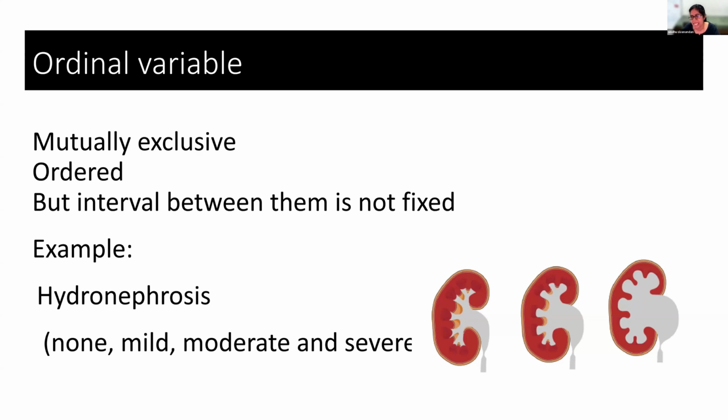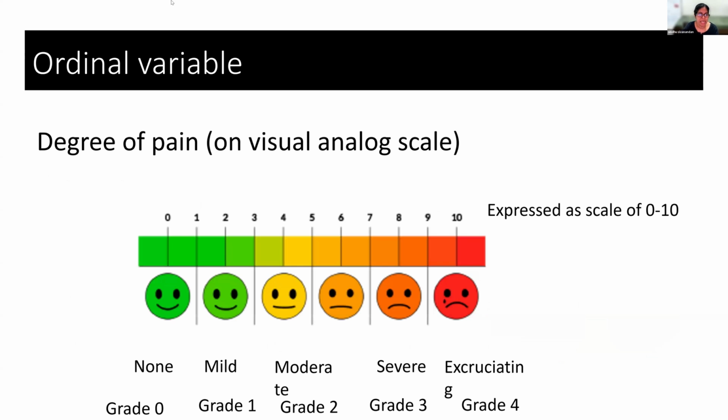It would still retain the meaning, and then you can have an order. Similarly, pain scale, visual analog scale for the degree of pain: you can have it as none, mild, moderate, severe, or you can put in a number and categorize them. For example, anything above 7 is called severe pain.